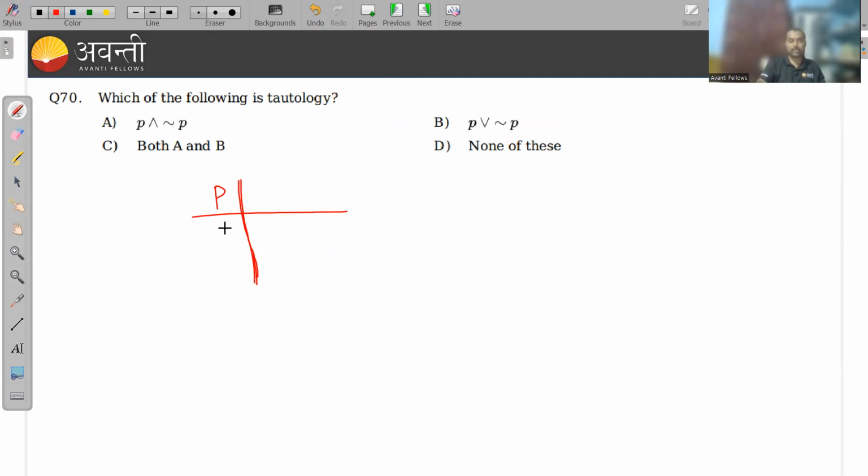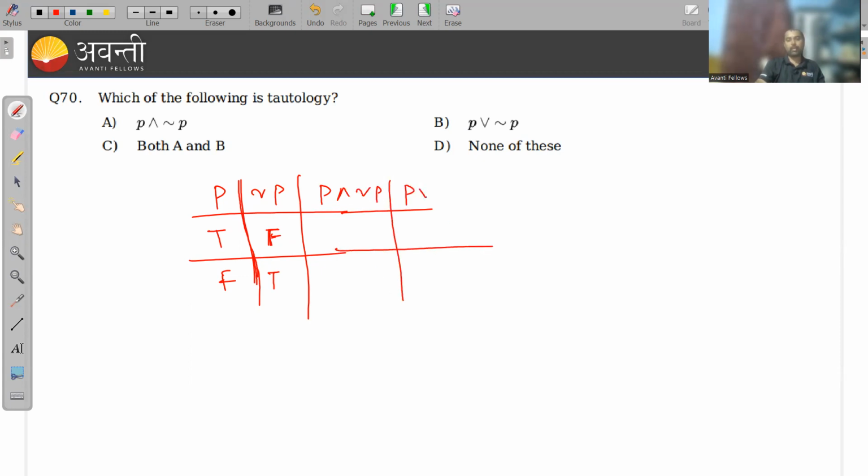Two: it may be true or it may be false. Then negation of P becomes false here, and in this case true. Okay, then if we take P or negation of P.